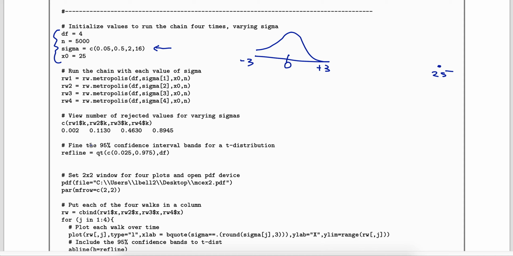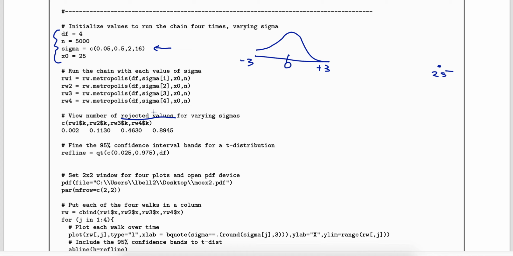So I've run that, and let's check out the percentage of rejected values. So the first one, when I have a really small sigma, I'm barely rejecting anything at all. 0.2% of my proposals are rejected. That makes a whole lot of sense. I'm starting at 25, and I'm slowly trying to work my way over here with teeny steps.